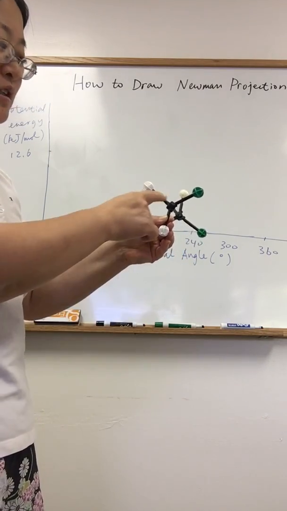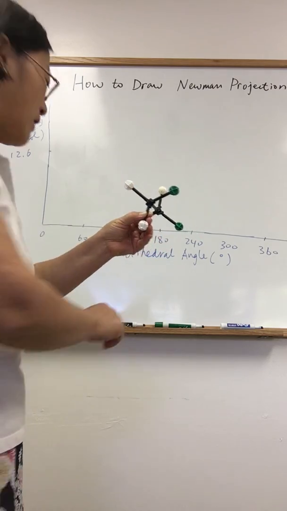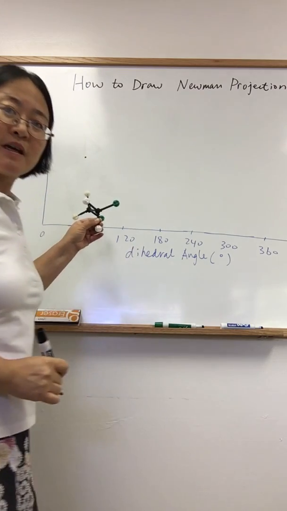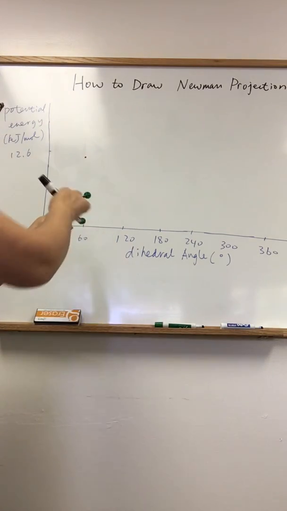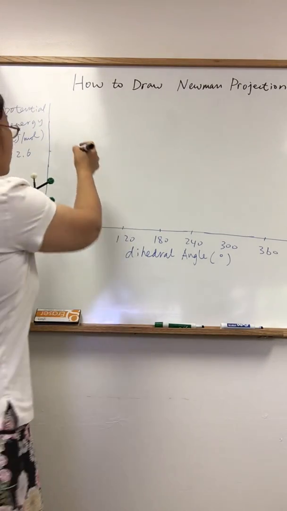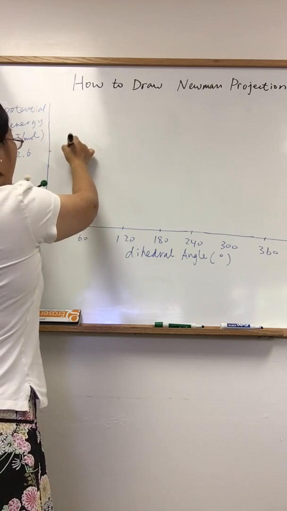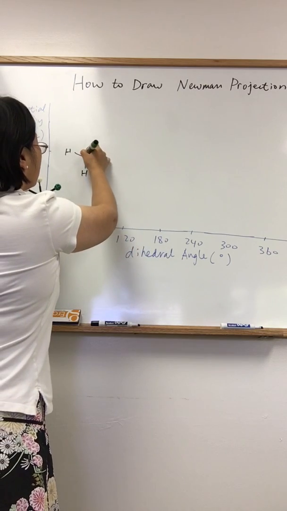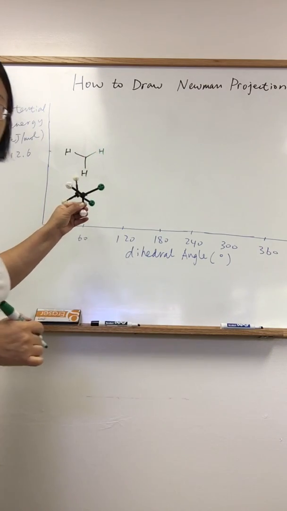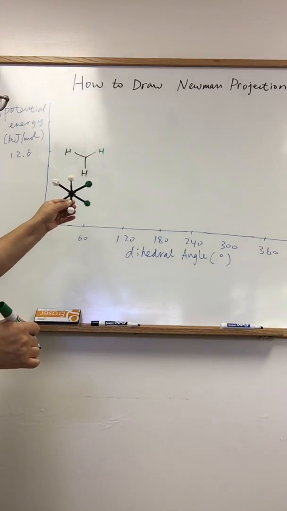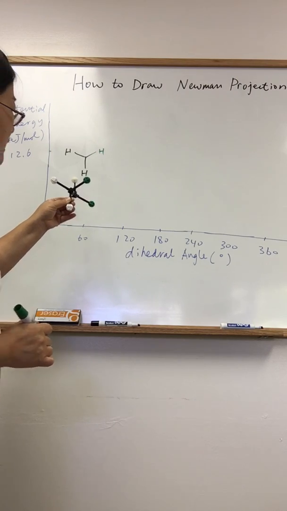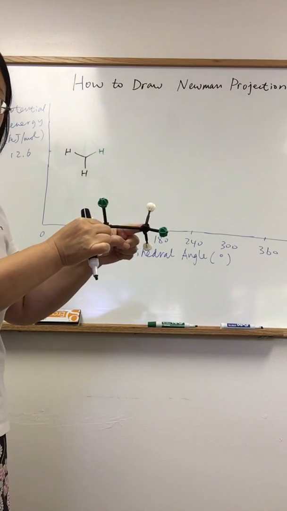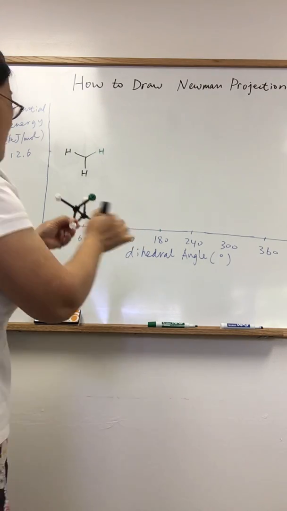To do that, you describe the first carbon, the carbon in the front, as a dot. And then you describe the rest of the hydrogens utilizing a Y-shaped bond. I'm going to use one of the green to help us track the bond rotation here. And you could describe the carbon behind utilizing a circle.